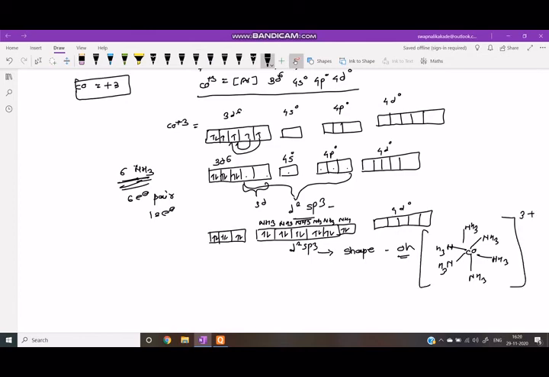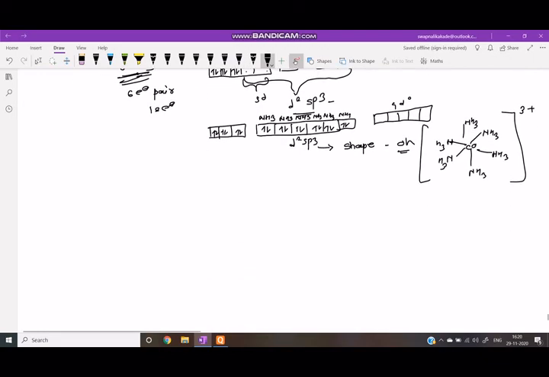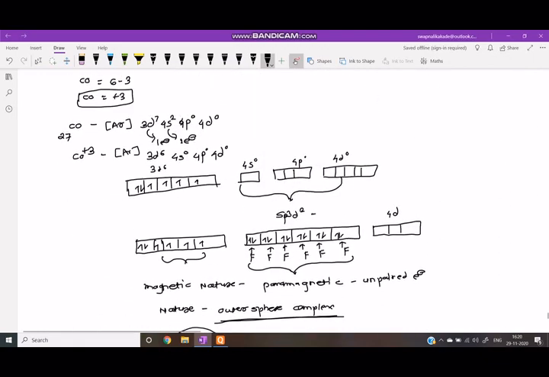Here also the shape is octahedral, as in CoF6 3 minus, because the hybridization is sp3d2. The total orbitals are 6. The shape of the complex is octahedral because the coordination number is 6.